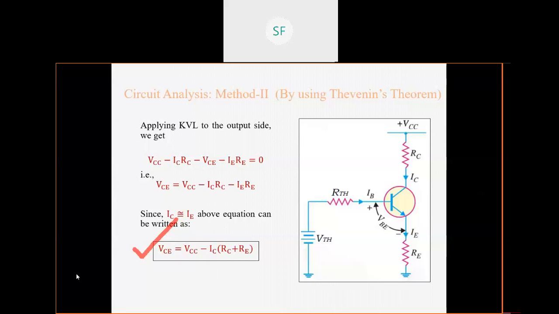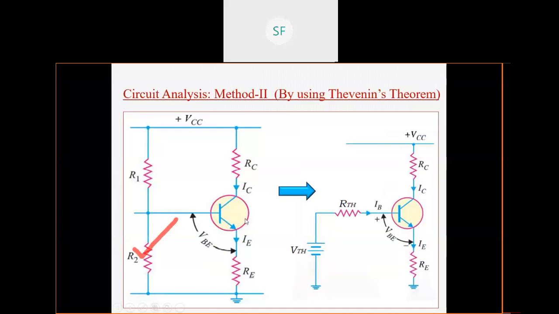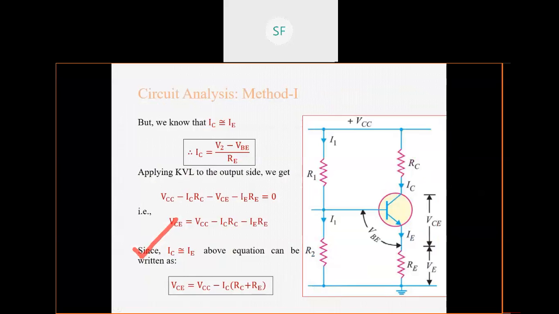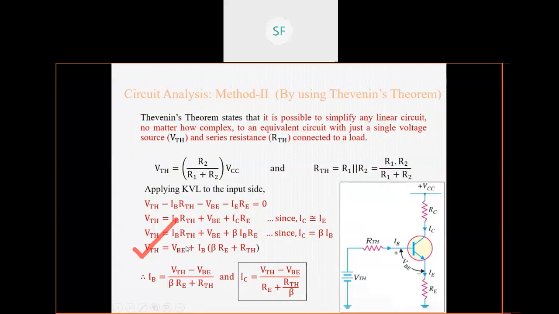Okay, just again we will take a look. Method 1, see, this is the formula for method 1: VC equals VCC minus IC into (RC plus RE). And the same is repeated here: VCC minus IC into (RC plus RE).